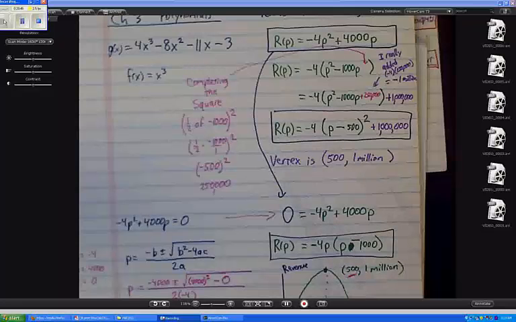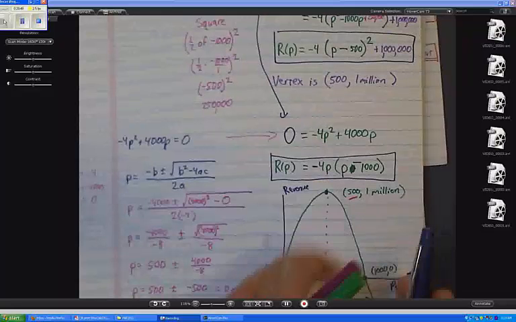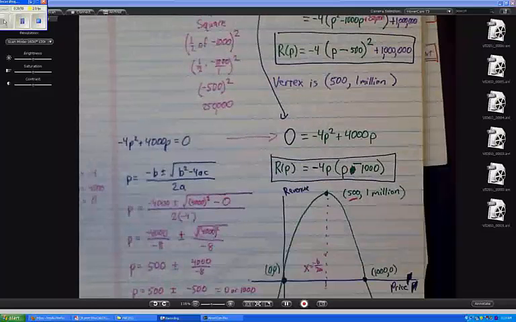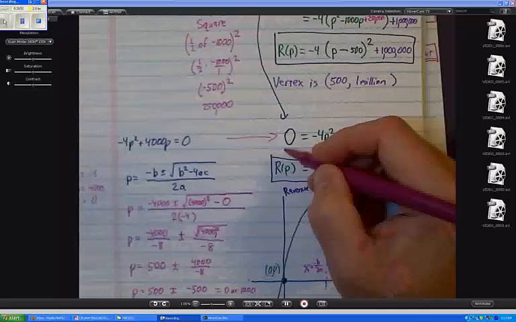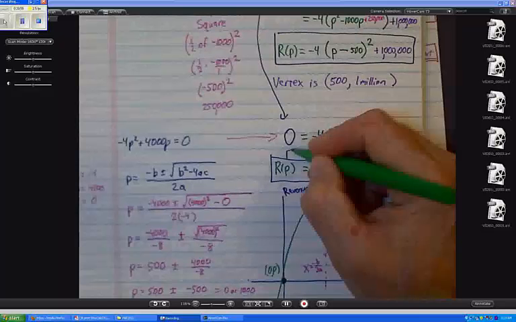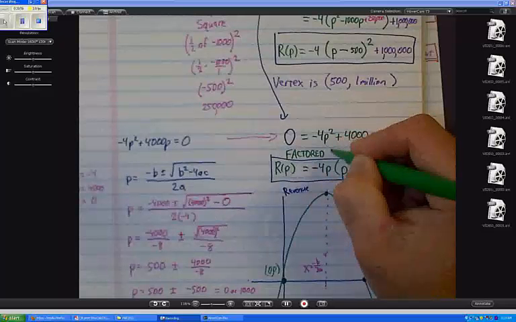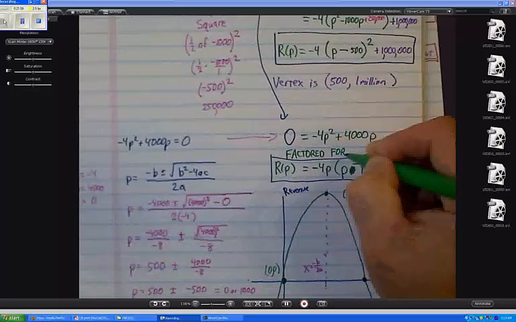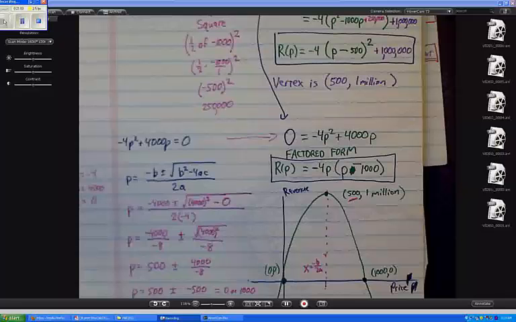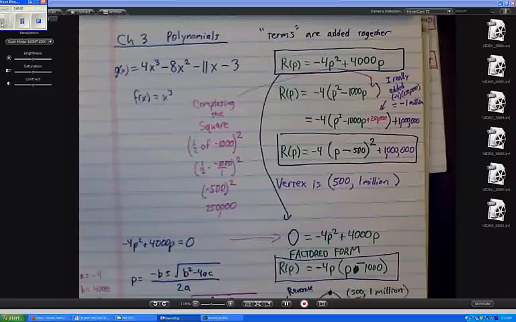But I want to point out this form down here. What would you call this form? Well, I would call it factored form. And factored form shows me all of the what? And I know you guys probably did some factored form.